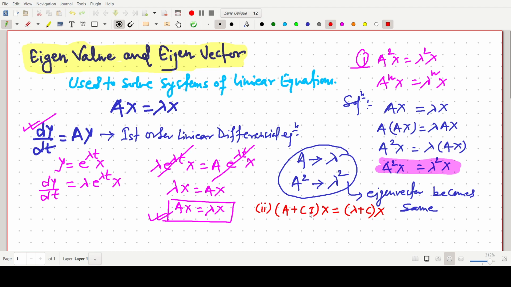If the identity matrix, 1 0 0 1, is multiplied with c and added to matrix A, and this is multiplied with x, the resultant eigenvalue becomes lambda plus c into x. It can also be proved very easily.